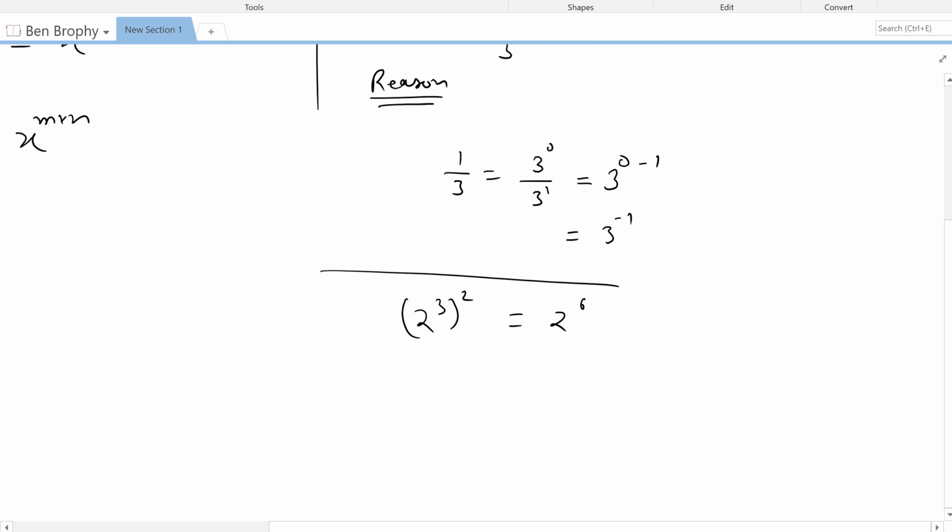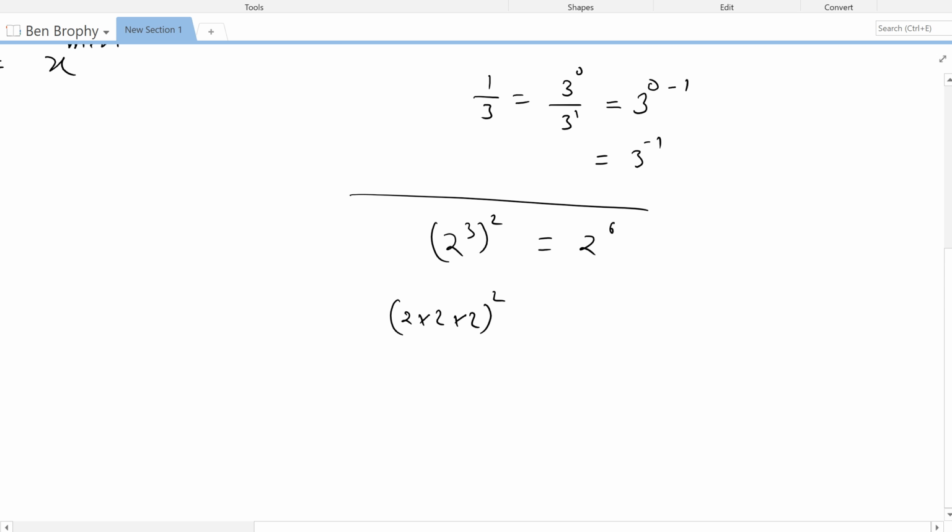In order to elaborate, if you don't want to do that, you can do 2 times 2 times 2, and then powered by 2. That means you write this bracket two times, and in the bracket we have 3 numbers.